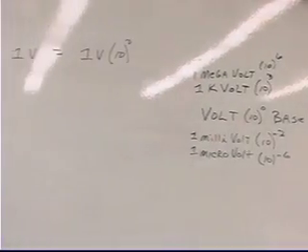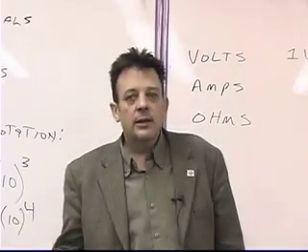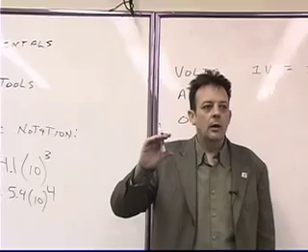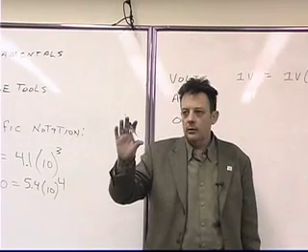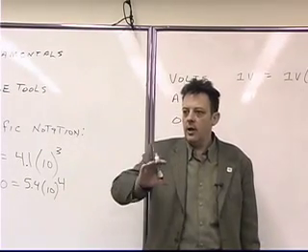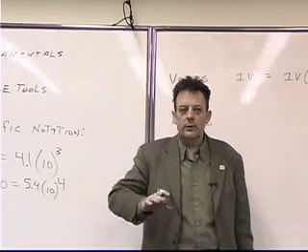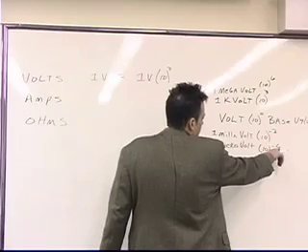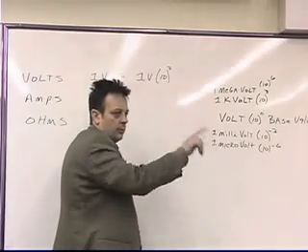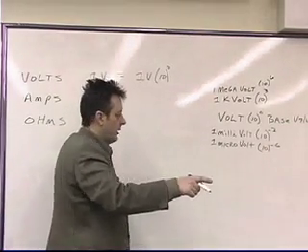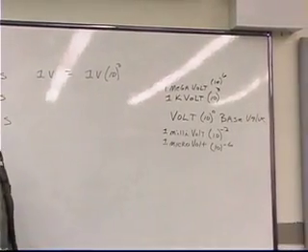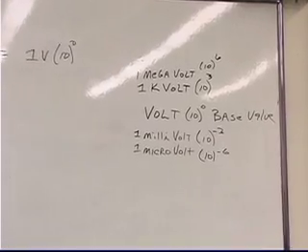What if we moved even smaller? In engineering notation, we're moving in units of what? 3. 3, 6, 9, 12. So if we're moving to 10 to the -9th, what would the metric prefix be for 10 to the -9th?